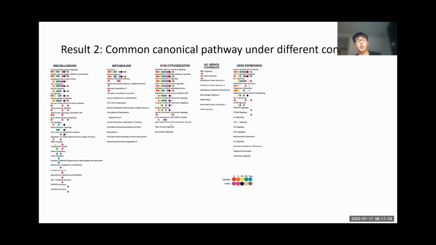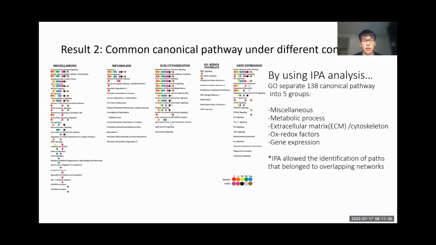And this is the common pathway that they classify a lot. They classify by using IPA analysis. In total, there are 138 canonical pathways, and they mainly break it down into 4 groups.